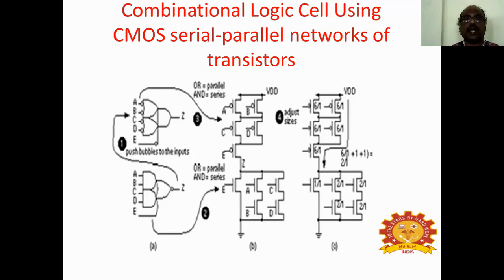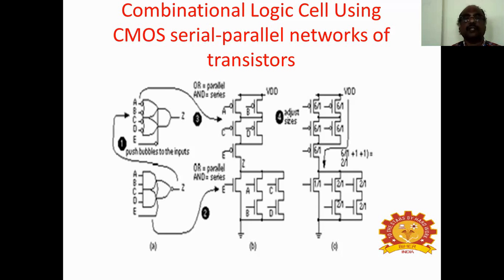So you can see that A and B, which are to be connected in OR functionality, will be connected in the PMOS in a parallel manner, whereas in the NMOS transistors it will be connected in series manner.